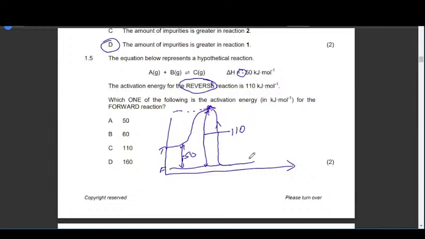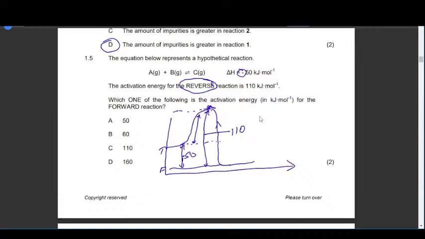All right. Now, the question is asking, which one of the following is the activation energy for the forward reaction? So it means that the activation energy for the forward reaction is going to be this, from here to there. So that's going to be the activation energy, whereby what am I going to do? So I have to subtract this from this.